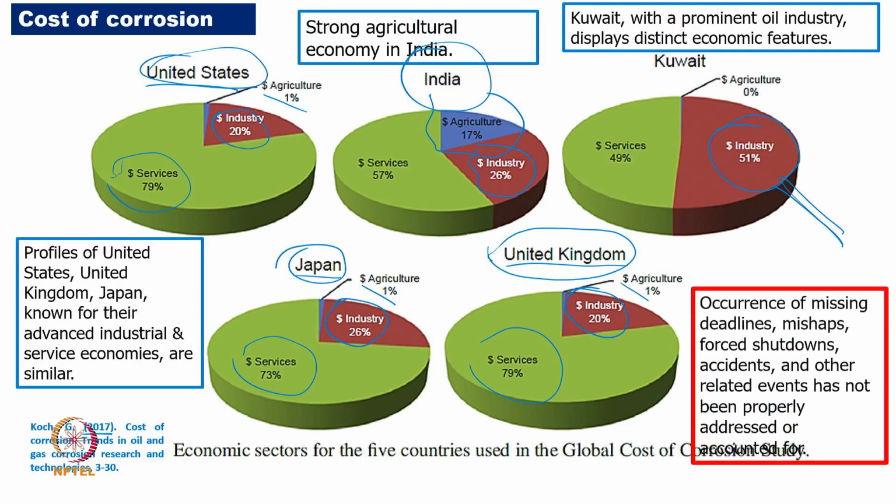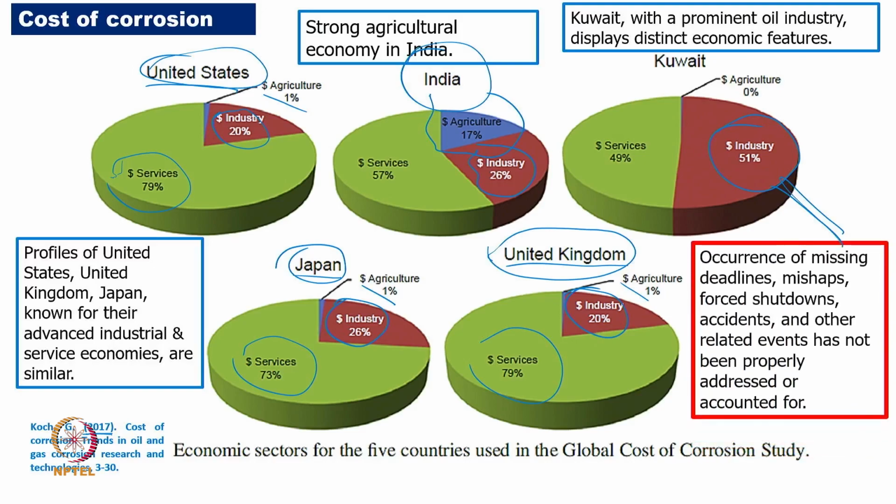Instead of talking about one cost of 3%, 6%, 5%, we can go with the segments, figure out which is the more critical segment and where we need to focus. That is why this paper is important from that angle.